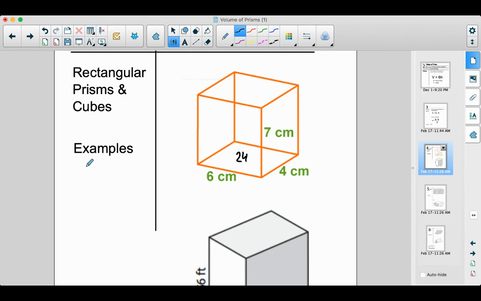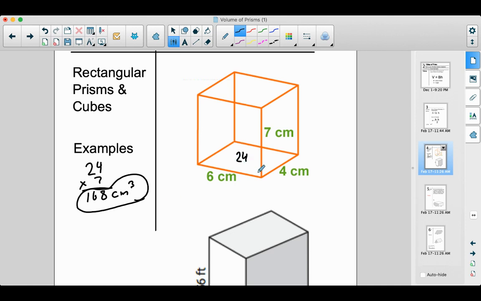So I just multiply the area of that base times the height. The height goes in the opposite dimension, between the bases, straight up from the base, which is 7. So 24 times 7 is 168 centimeters cubed. Remember, I'm dealing with cubic units, so centimeters cubed is my volume.